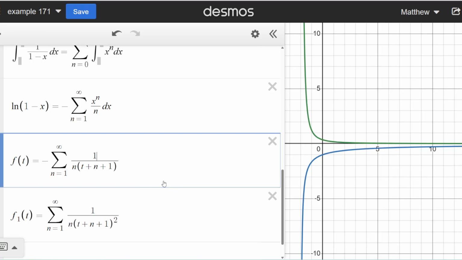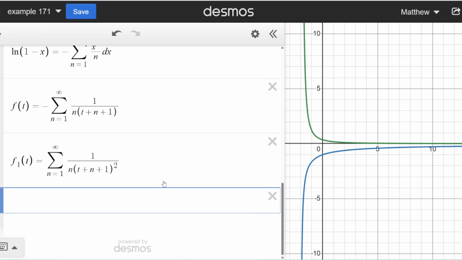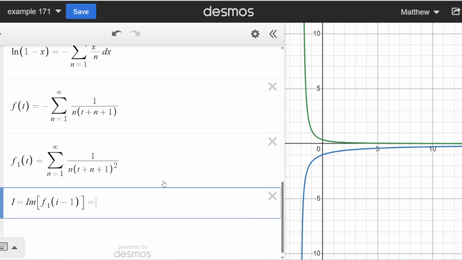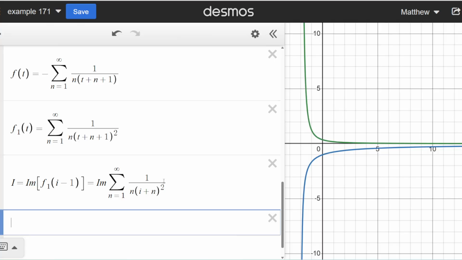Okay, so we know this. We know our integral is the imaginary part of f prime at i minus 1. So let's plug that in and take its imaginary part. Our t is just becoming i minus 1. Minus 1 and plus 1 cancel out. So this means the integral is equal to the imaginary part of this.